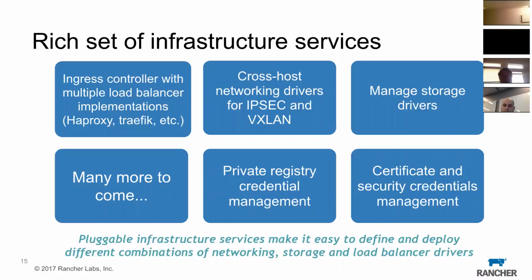The current cross-host networking uses IPsec or VXLAN, depending on your environment. If you're in a private cloud, you will probably use VXLAN because of the overhead for encryption on the IPsec network. And then there are the storage drivers that I mentioned already.